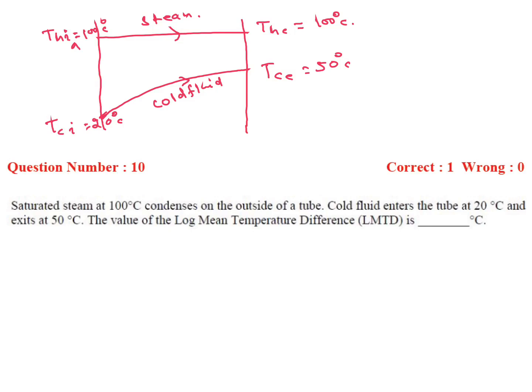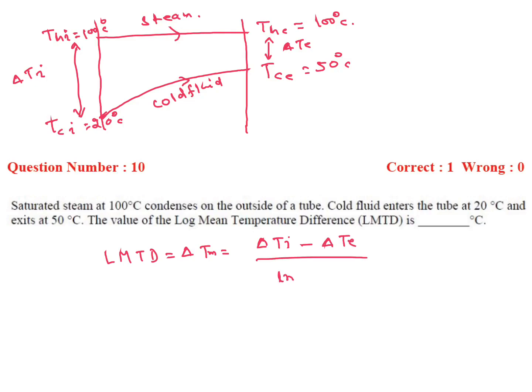So the temperature difference at inlet is delta Ti, and the temperature difference at exit is delta Te. The LMTD, or delta Tm, formula is delta Ti minus delta Te divided by ln of delta Ti divided by delta Te.